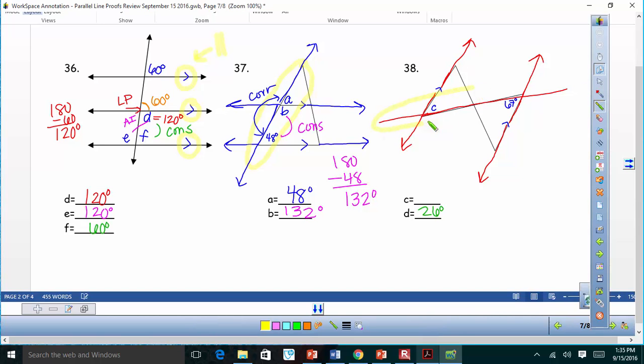So if I look along this line, what relationship does C and 67 have? Very good. They are alternate interior. Okay? And so C is 67. Does that make it a little simpler when you look at it now?